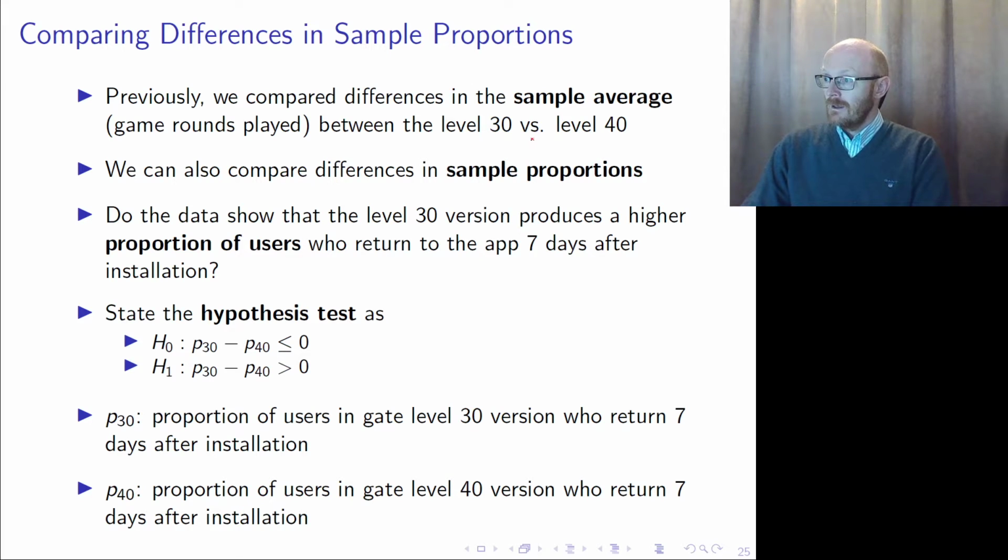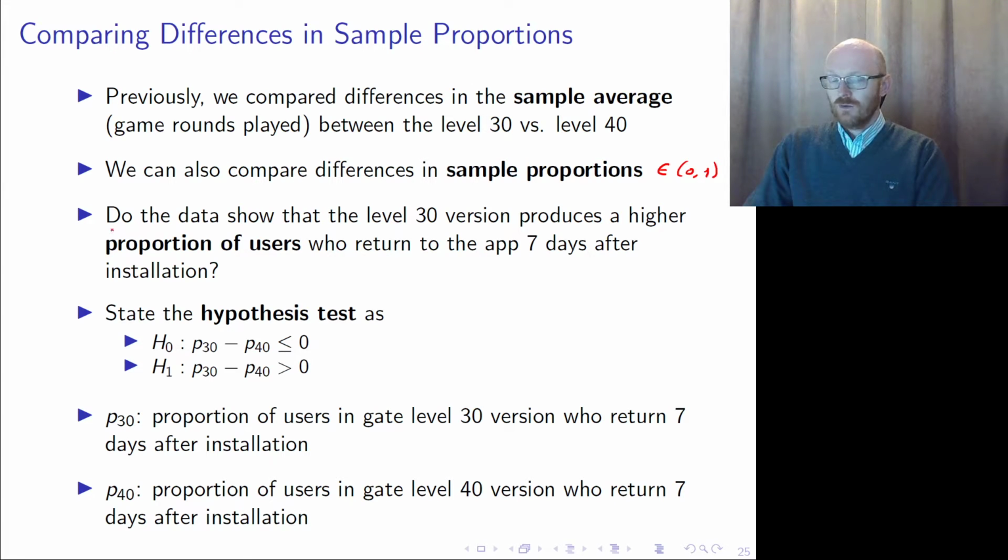But now we are going to look at proportions, and a proportion is just a number between 0 and 1. So it's like a probability.